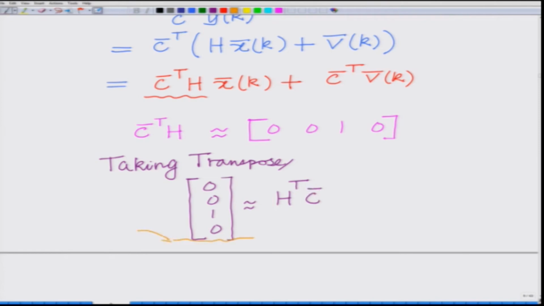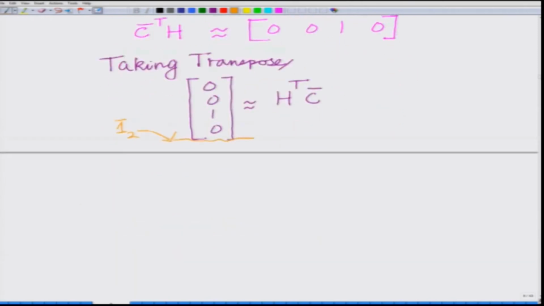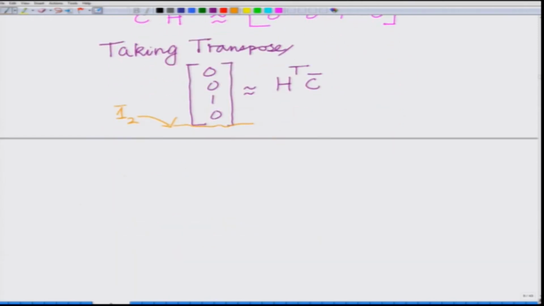This vector we denote by 1 bar 2, which is 1 in the 0th position. In other words, we want to minimize the error, where the error is the difference between this vector 1 bar 2 and H transpose C bar. We want to minimize the norm square of the error.